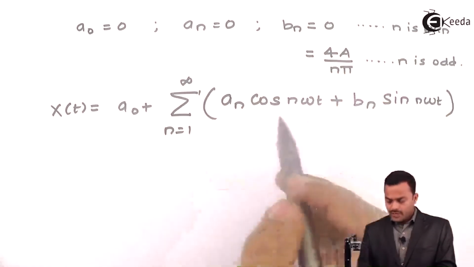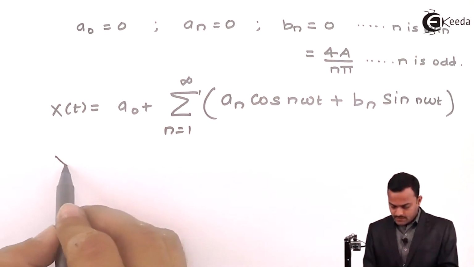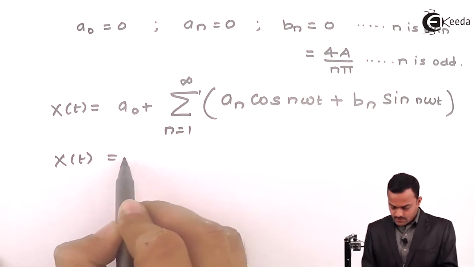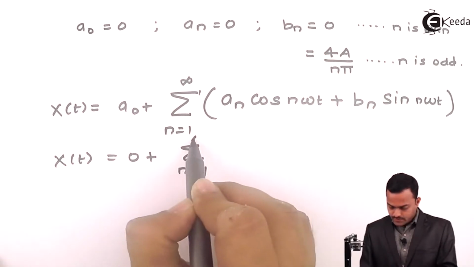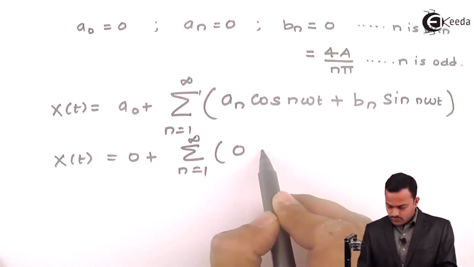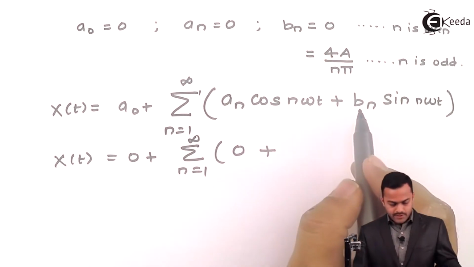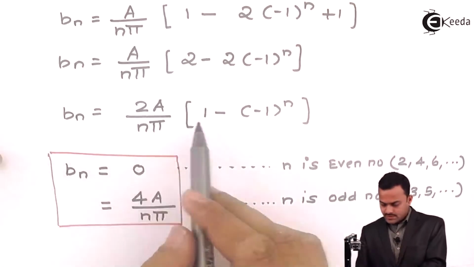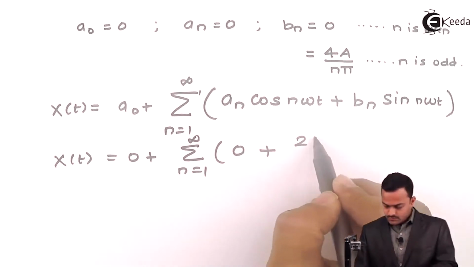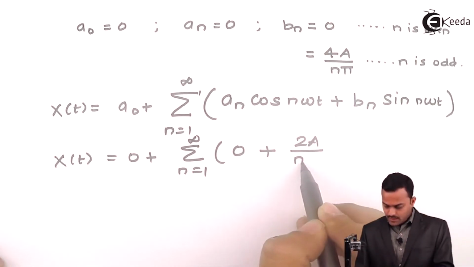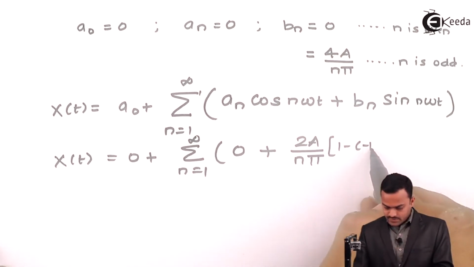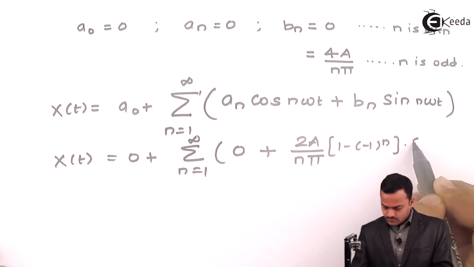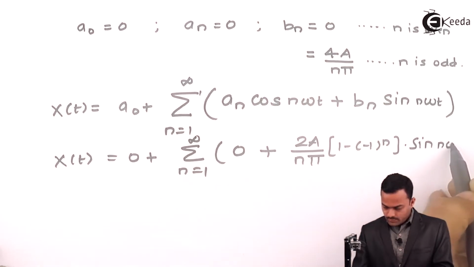And if I put all the values in the end, I will get x of t as 0 plus summation n equal to 1 to infinity 0 plus bn. We will write a generalized statement like this. So it is 2a upon n pi in bracket 1 minus minus 1 raised to n into sine n omega t.